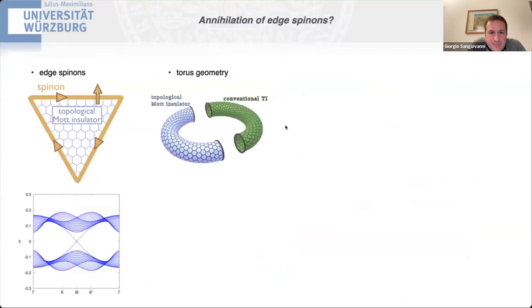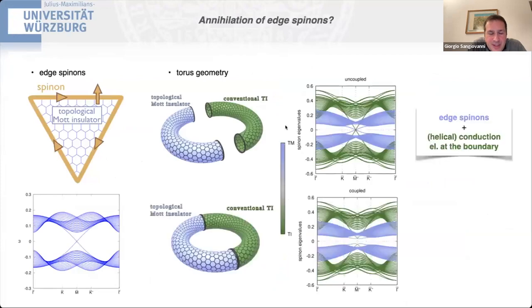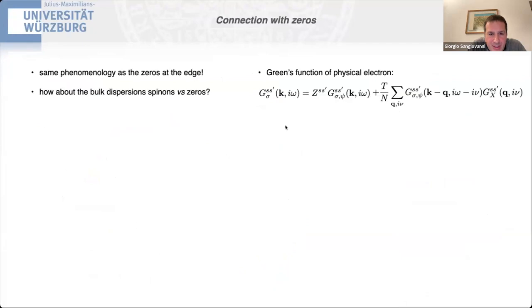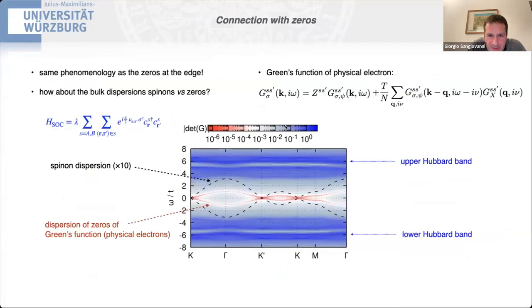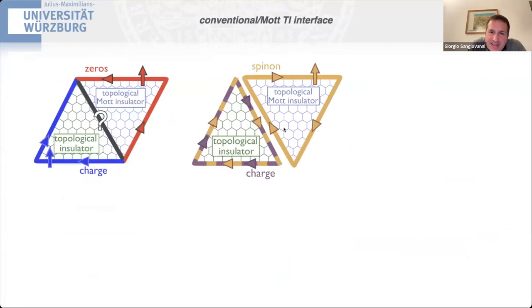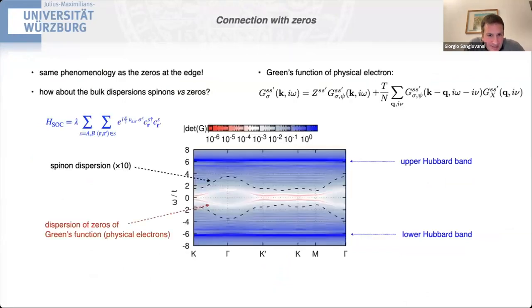What Niklas together with Daniele did was this finite size kind of solution, where the quantum nonlinear sigma model is solved in finite dimension, so that's how we can get this dispersion of the zeros.